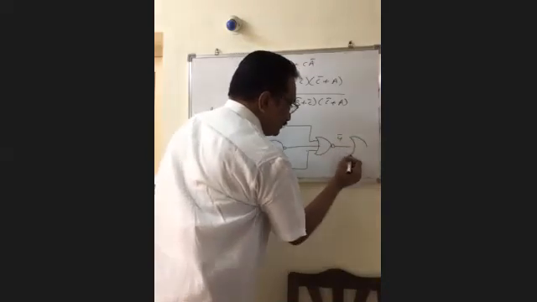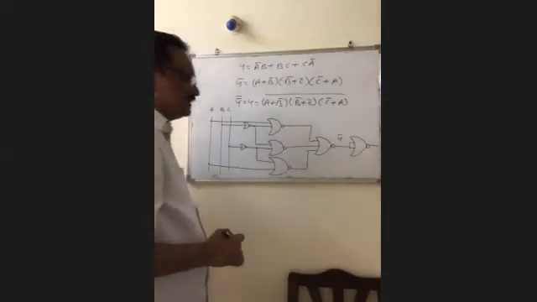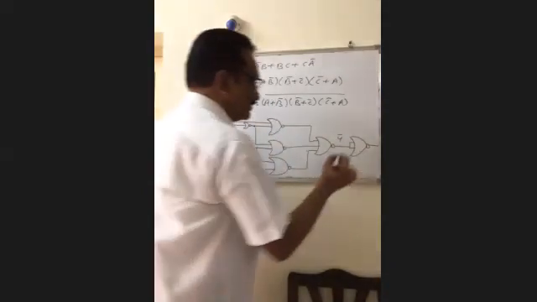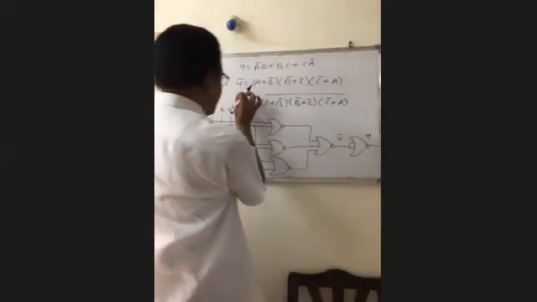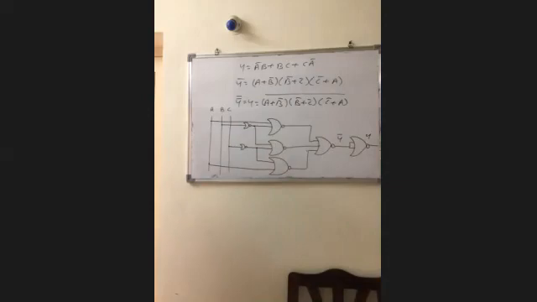That means a 2 input NOR gate acts as a single input NOR gate. No doubt in that one. Output of this one is equal to Y double bar, that is equal to Y only.